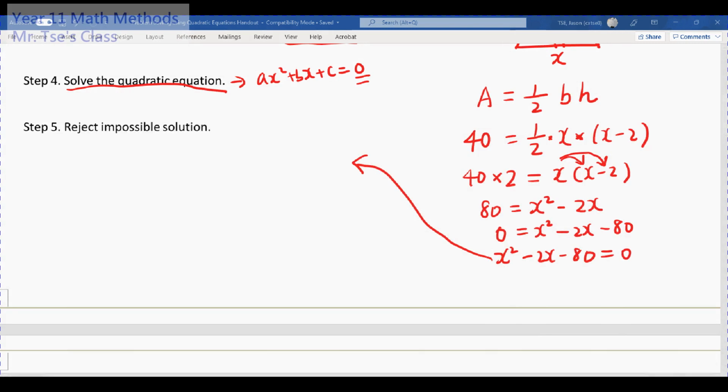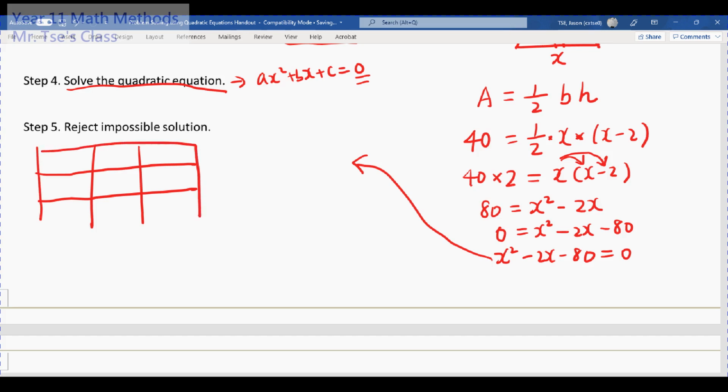Okay, I hope you've got your answer. So let's draw a table. To solve that quadratic equation, I'm going to write x squared over here and minus 80.